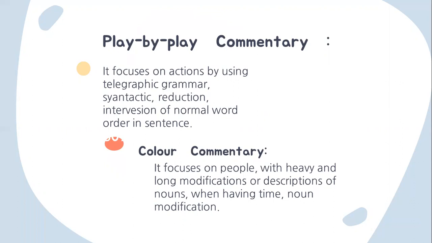And then color commentary focuses on people, with heavy and long modifications or descriptions of nouns, having time for noun modification. So I think that's enough for my explanation today.